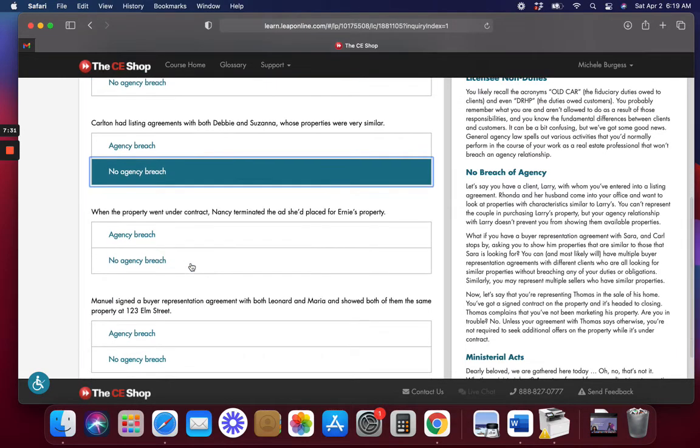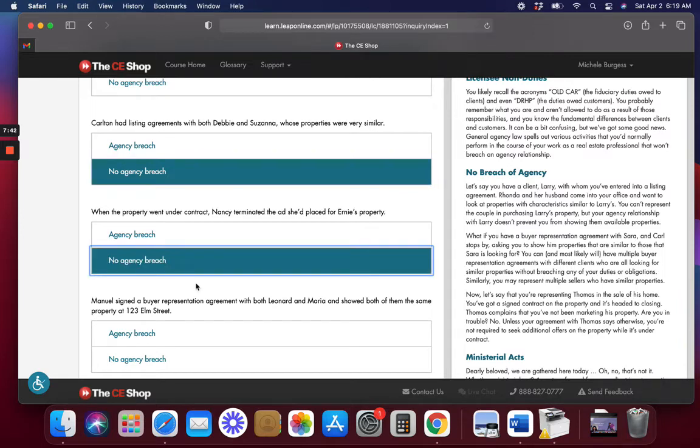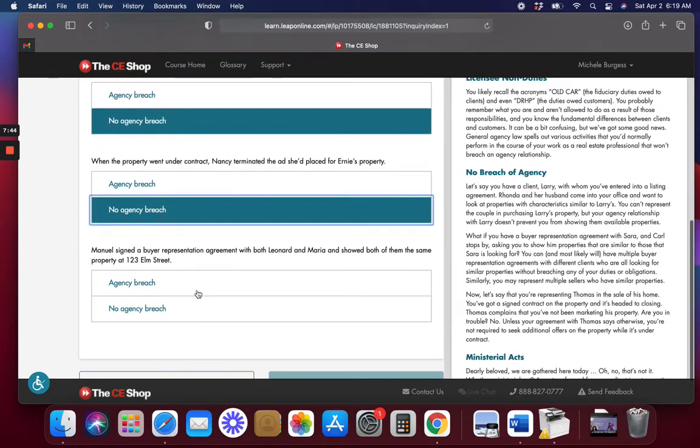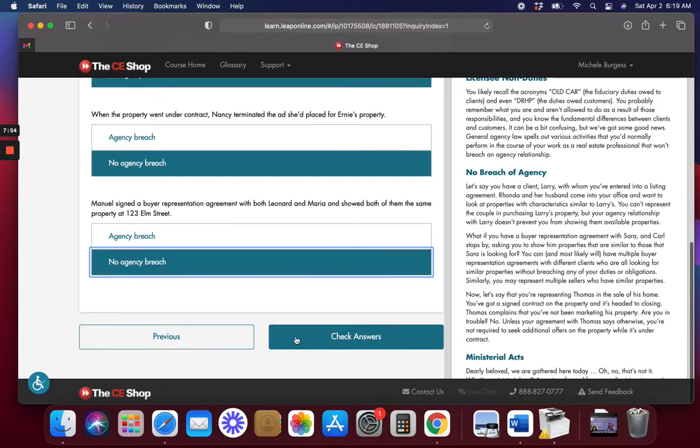When the property went under contract, Nancy terminated the ad she placed for Ernie's property. I would say there's no breach there. I mean, why keep advertising it if it's already under contract? Manuel signed a buyer representation agreement with both Leonardo and Maria and showed both of them the same property. No breach there.